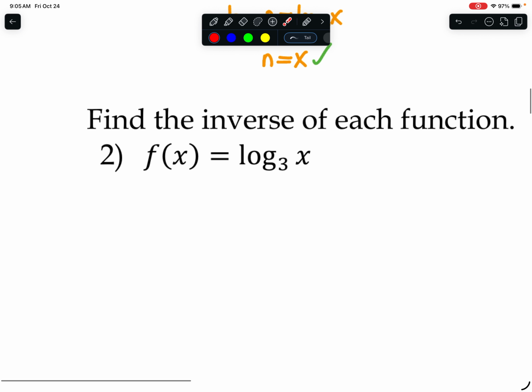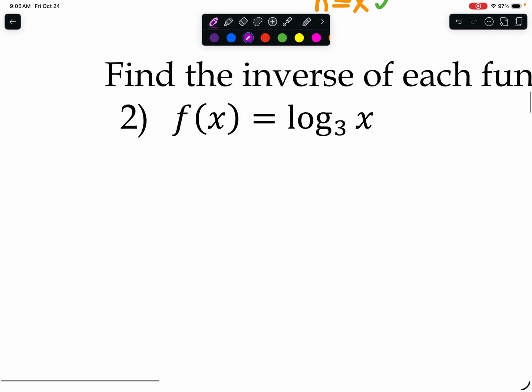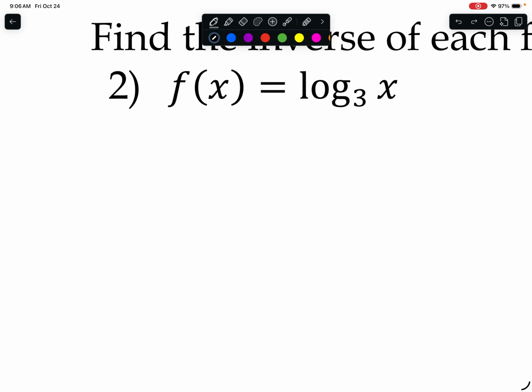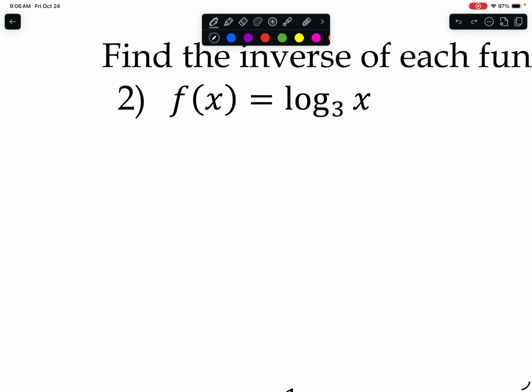So the focus is we're just going to be finding the inverse of the given equation. So starting off, if I have a log equation that's given to me and I want to find the inverse, that means our inverse is likely going to be an exponential equation and vice versa. So what I want to start off with is I'm going to rewrite f of x as y equals.